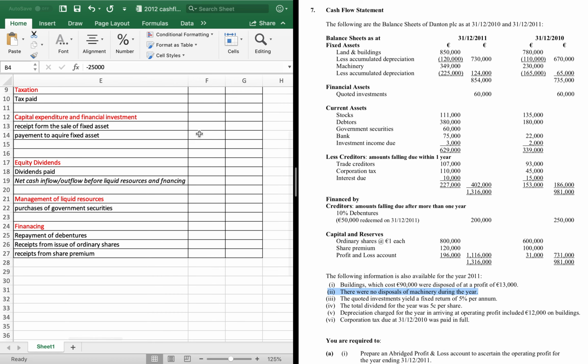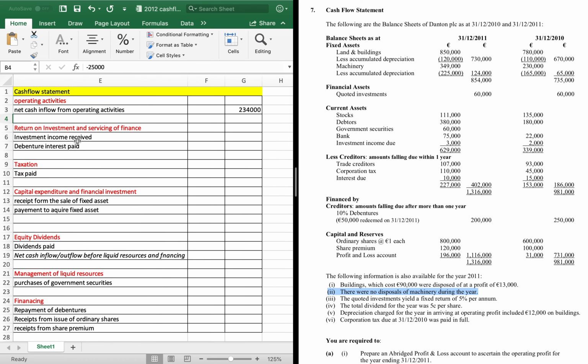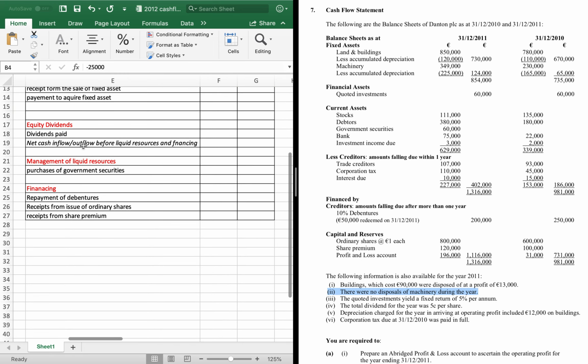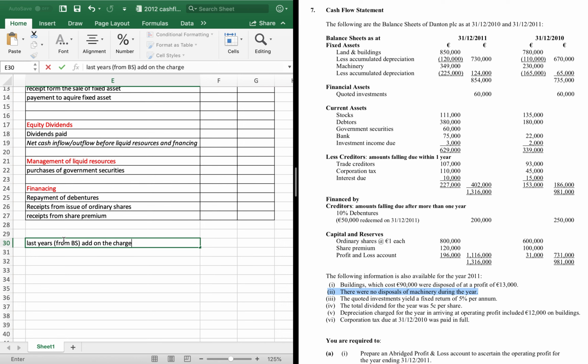For nearly all of these, well, certainly for tax, debenture and investment interest, to find out how much we've either paid or received, we take last year's, I'm just going to write this down, last year's from the balance sheet, we add on the charge from the bottom, or in effect from part A, which nearly are always in the workings, and then we take away this year's balance sheet balance.